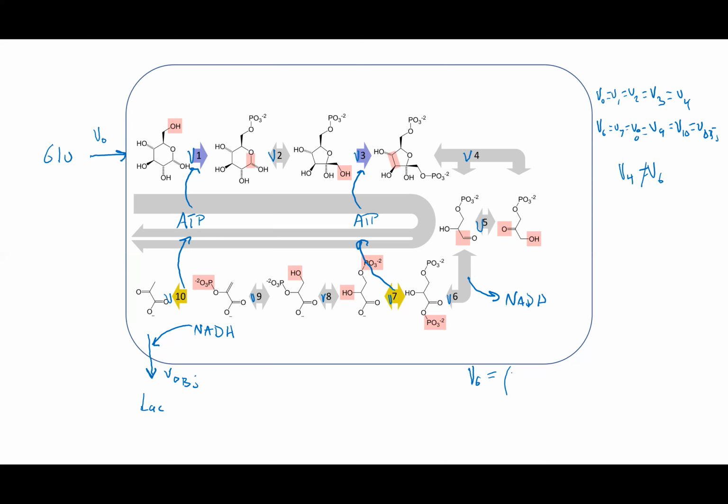Let me define it this way: the rate of change of glyceraldehyde phosphate with respect to time, dGAP/dt, has got to equal the rates that it's made, which we can collect up as V4 plus V5, minus the rate that it's consumed, which is V6. We know that this has got to equal 0 for steady state. And we say that V6 is equal to V4 plus V5.